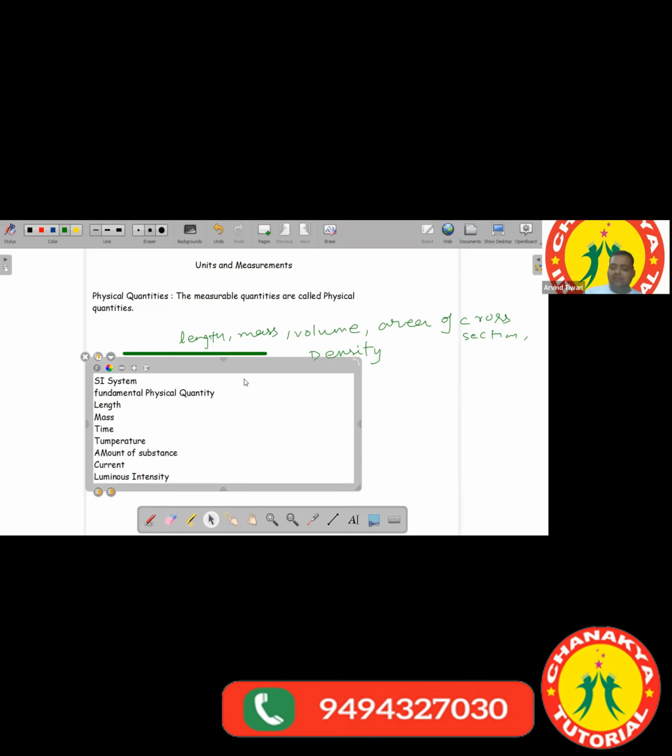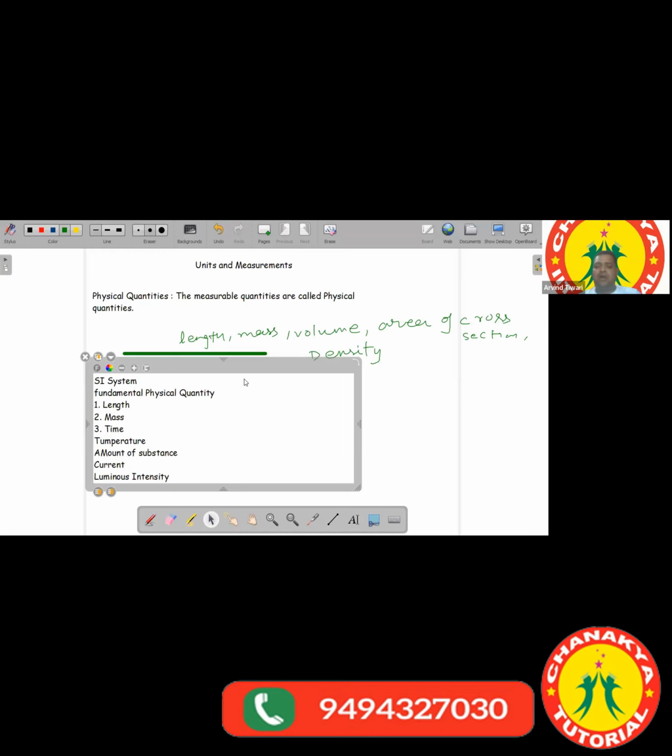So see, these are the 7 fundamental quantities as described by the SI system of units. Now, these are the quantities that we cannot express in terms of any other quantity. We cannot express length in terms of any other physical quantity. However, volume we can express in other terms, in terms of length.